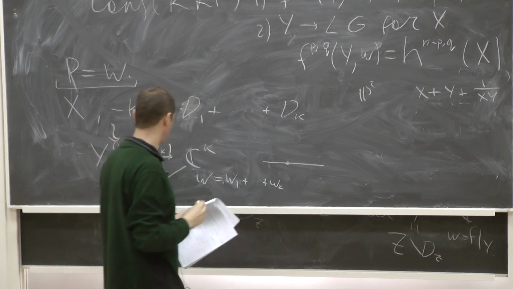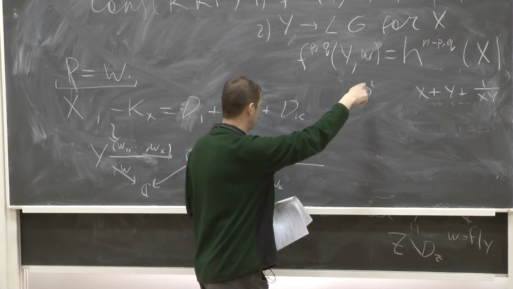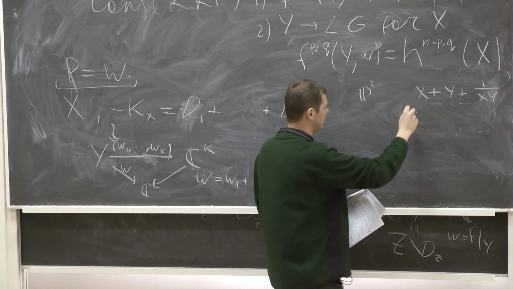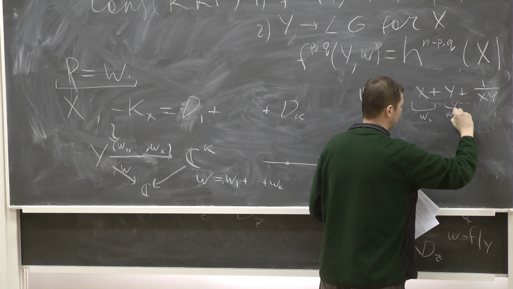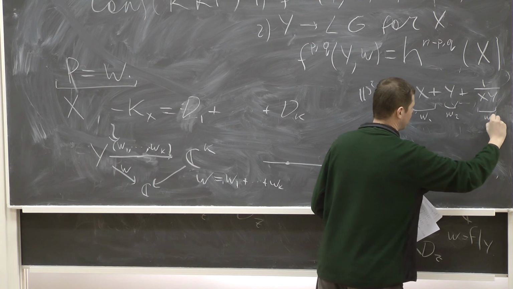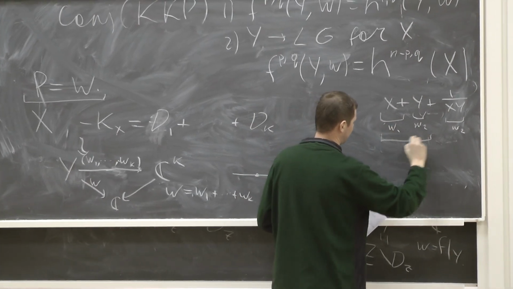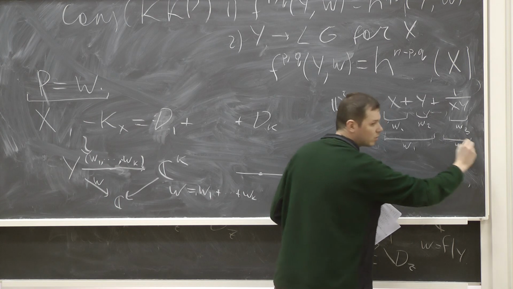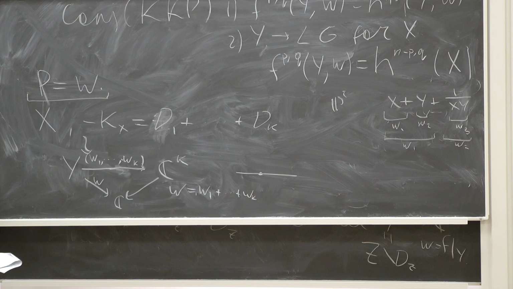If you decompose this curve of degree 3, which is an anticanonical class on P2, into 3 lines, then here will be W1, here W2, here W3. If you choose a line and a conic, this sum will be W1, and this sum will be W2. So that's an example of how it works for a toric case.